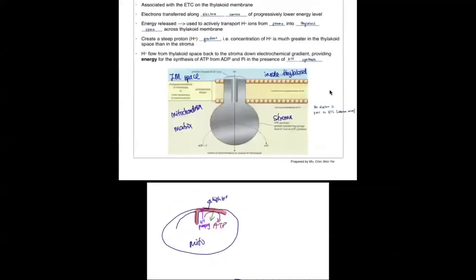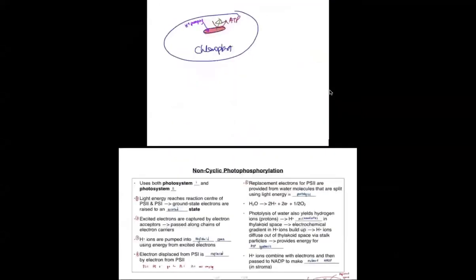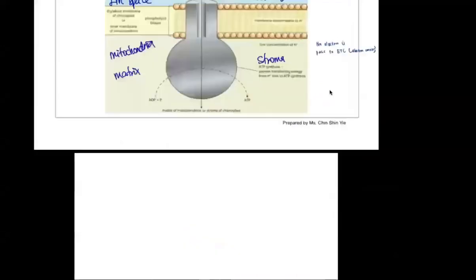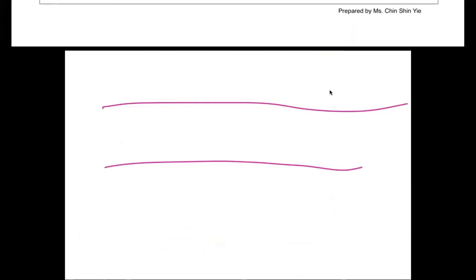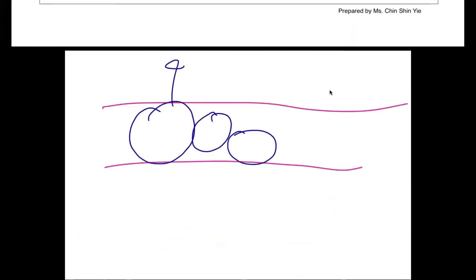Again, let's refer back to the process of oxidative phosphorylation, a bit of a recap here. So this is a plasma membrane, and there is an electron transport chain. I'll just call this an electron carrier.